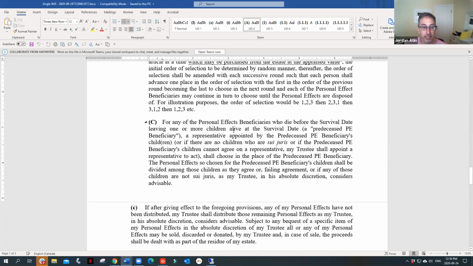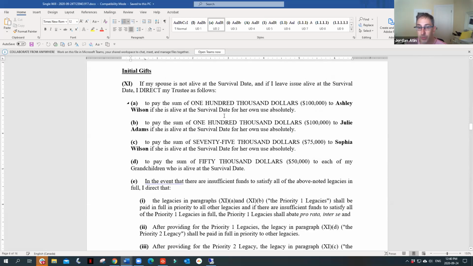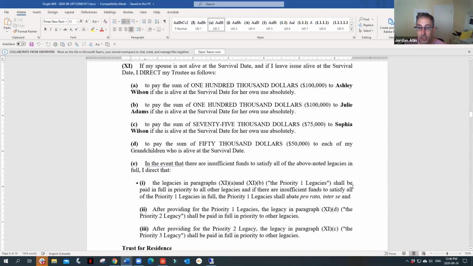We'll skip right to the legacies. It produces the legacies, and then it has this clause that says, here's the order that I want you to put them in. The legacies in paragraphs A and B are called the priority one legacies. They'll pay in full in priority to any other legacies. And if there's still not enough to pay them all, then they'll abate ratably between the two of them.